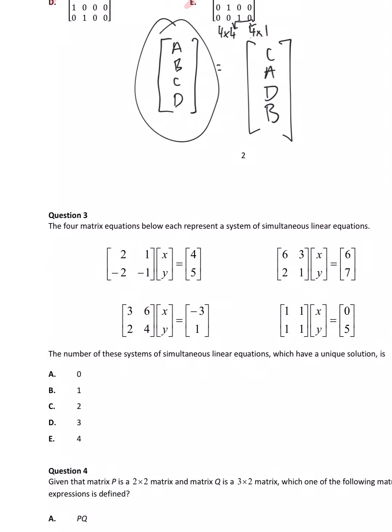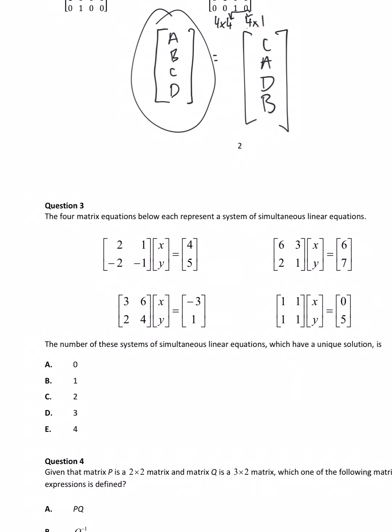Question 3. The 4 matrix equations below each represent a system of simultaneous linear equations. The number of these systems which have a unique solution is... If you ever see unique solution, it's on your double-sided summary sheet, and it's about the determinant.